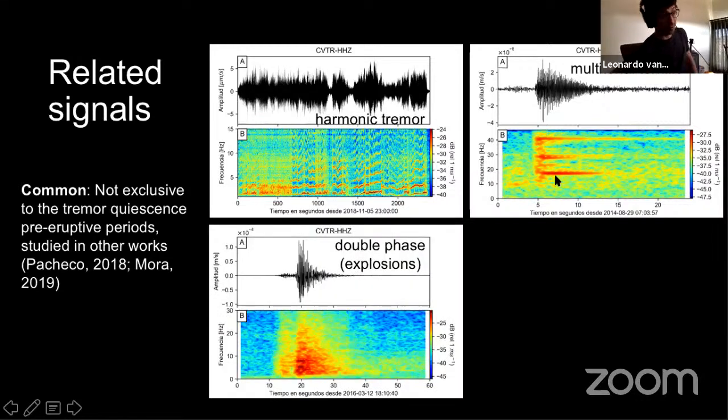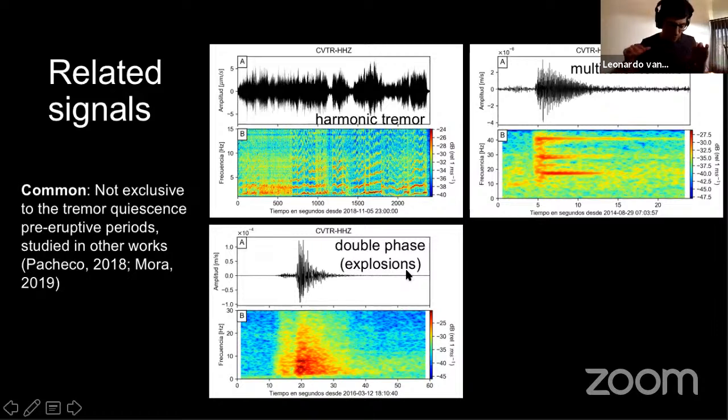And then this is a very important signal. We call them the double phase signals, because they have these two phases and are the seismic expression of explosions. But what is interesting is that the visual expression of these signals changed over time.